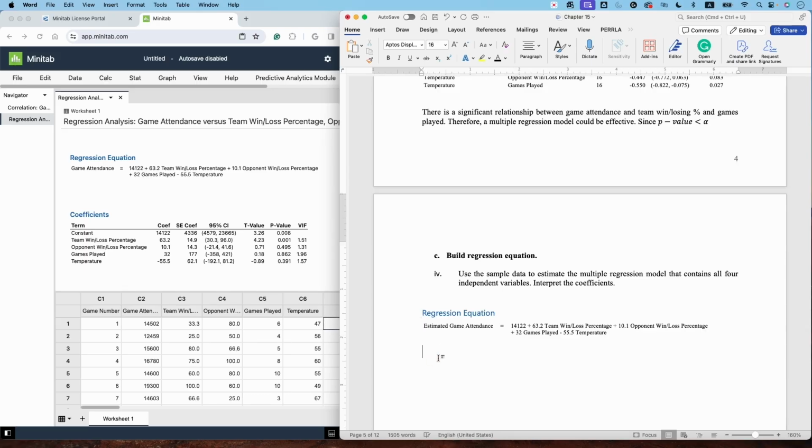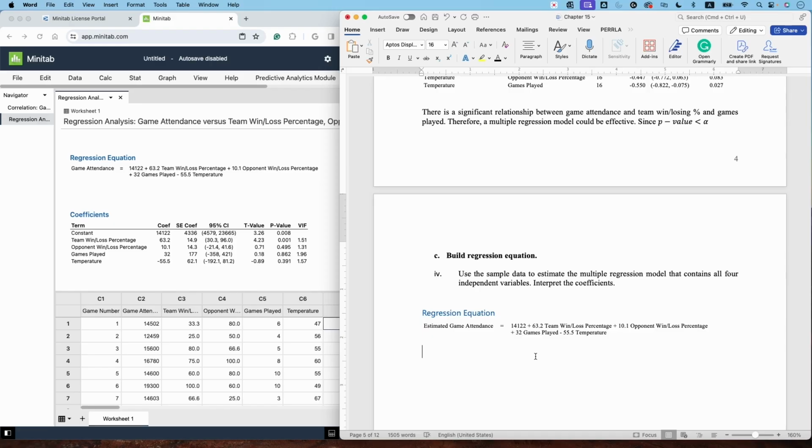Let me say something about the coefficients. The coefficient for each independent variable, this one, this one, this one, and this one, represents what? Each is an estimate of the average change in the dependent variable for a 1 unit change in the independent variable. And this statement is important: holding all other independent variables constant.